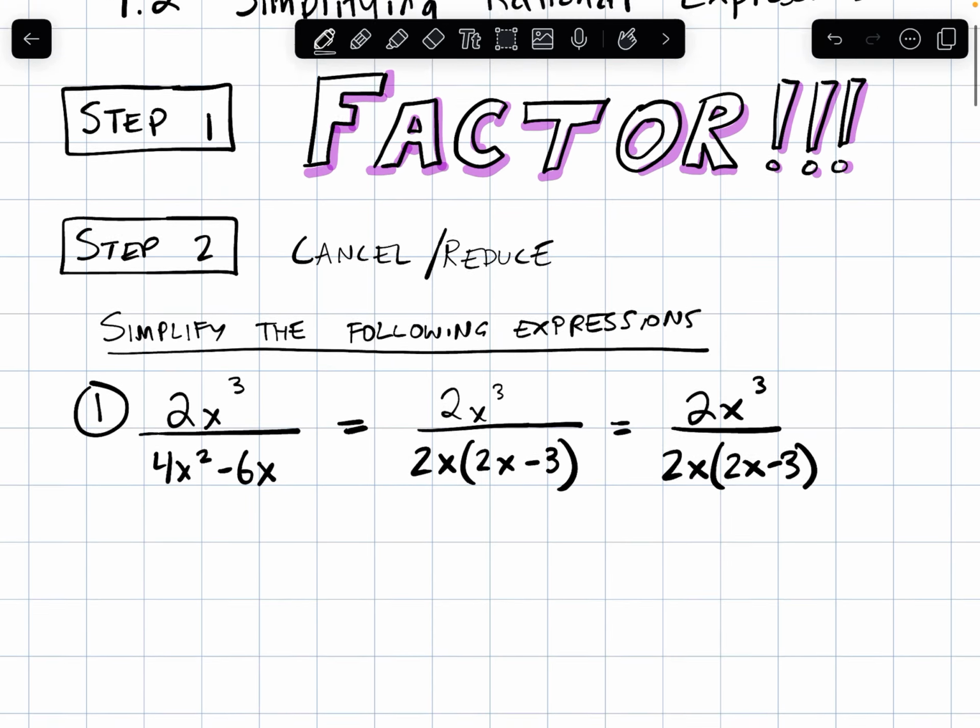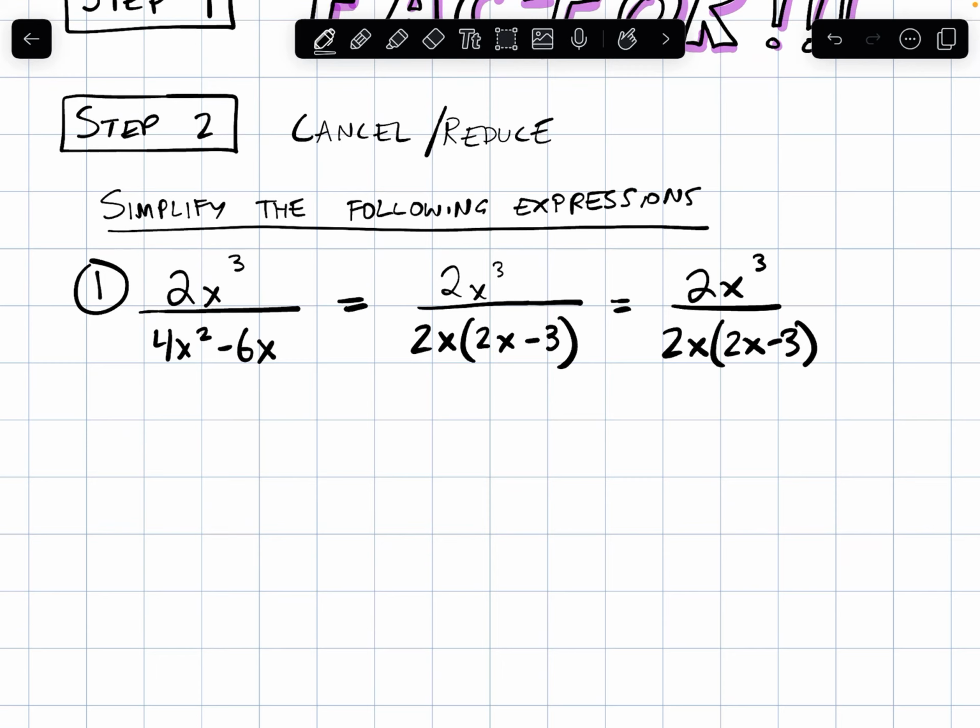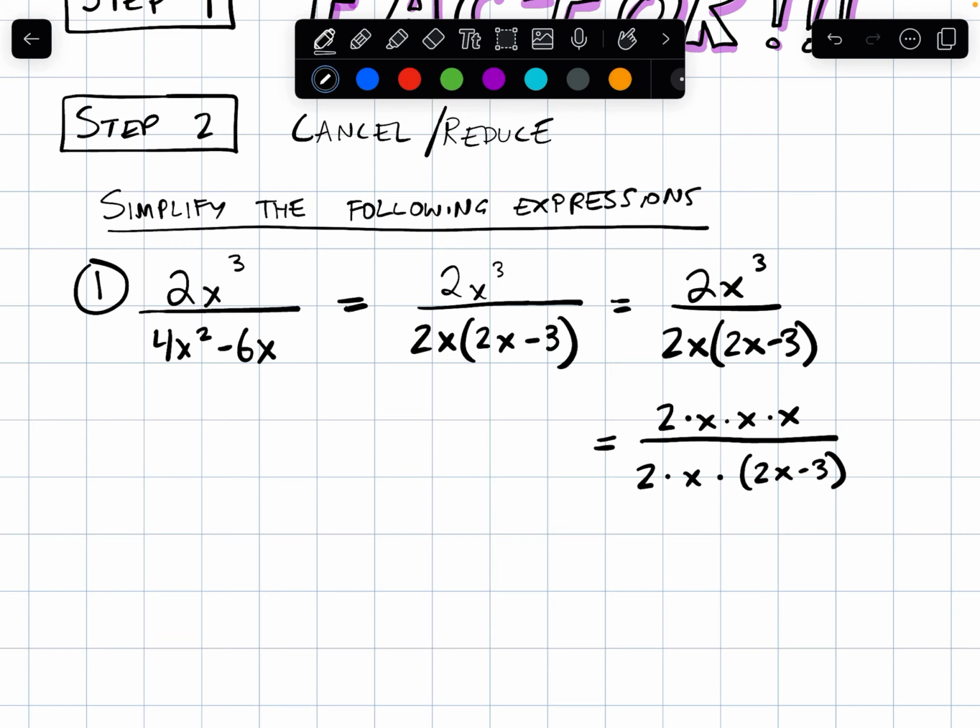And so if I think about what I can cancel, remember what this actually is, all right? As you get more familiar with this, you're going to get more comfortable with it. But in the numerator, I have 2 times x times x times x. In the denominator, we have 2 times x times 2x minus 3, okay? You have to remember that this 2x here, because it is attached to this negative 3, we cannot do anything with this unless there was also a 2x minus 3 in the numerator.